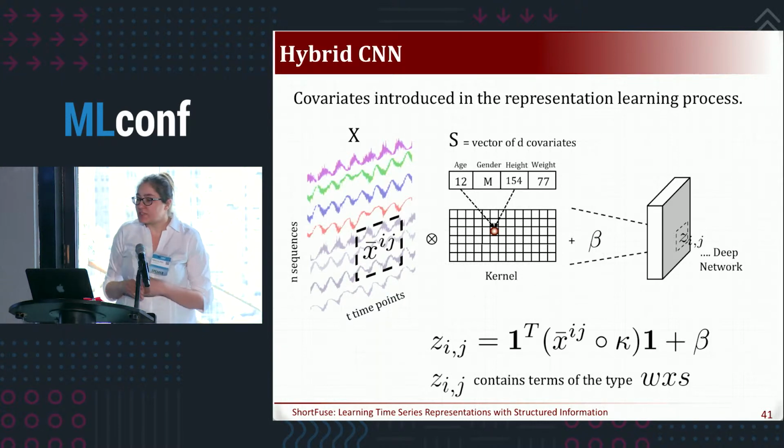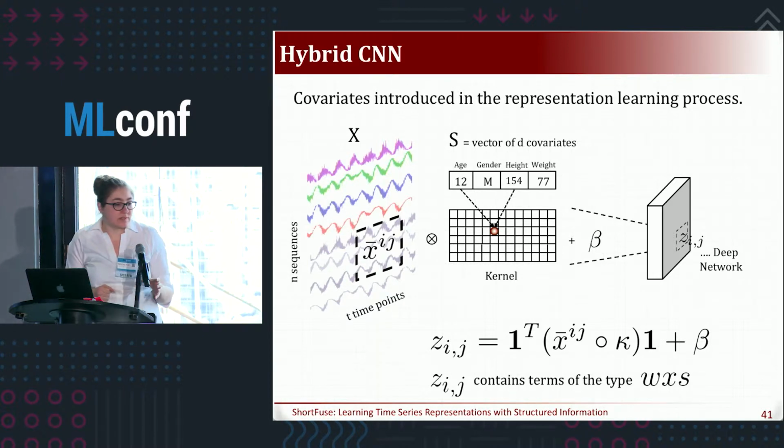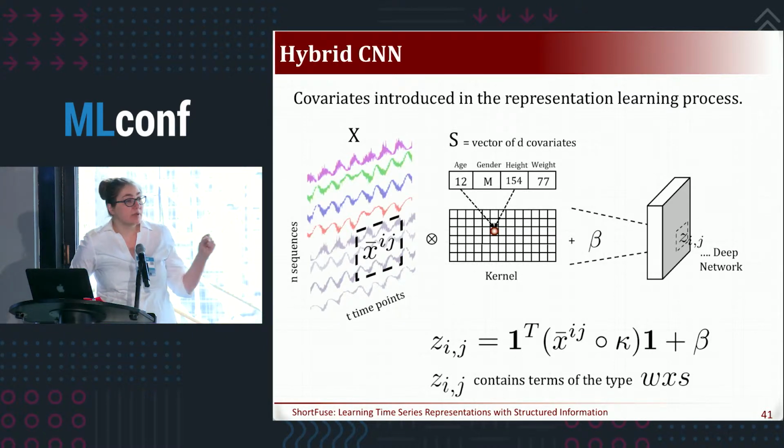The best thing about these convolutional layers is that the output terms will contain multiplicative terms of the form WXS. So they'll contain that multiplicative XS, where X is time series information and S are the structured covariates. What that means is that S, the structured covariate, if that's a flag, tells me whether I should look at specific parts in the time series or not at all.